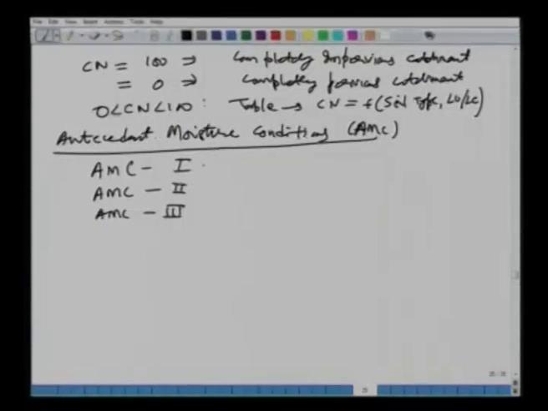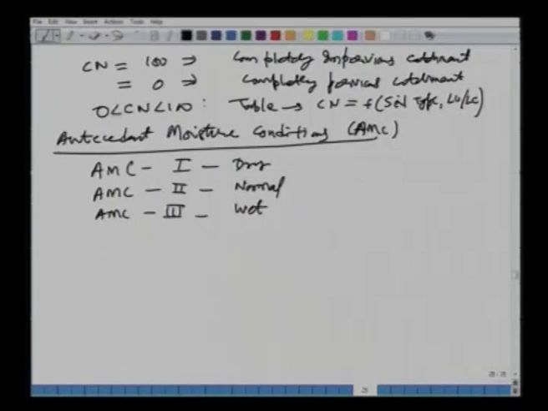One is dry, the second one is normal, and the third one is wet. Instead of the direct magnitude, they are just classifying the initial conditions into 3 types: dry, normal and wet. The curve numbers that are given in the table are for normal, and then we have equations which will convert the curve number for the drier conditions and the wetter conditions.